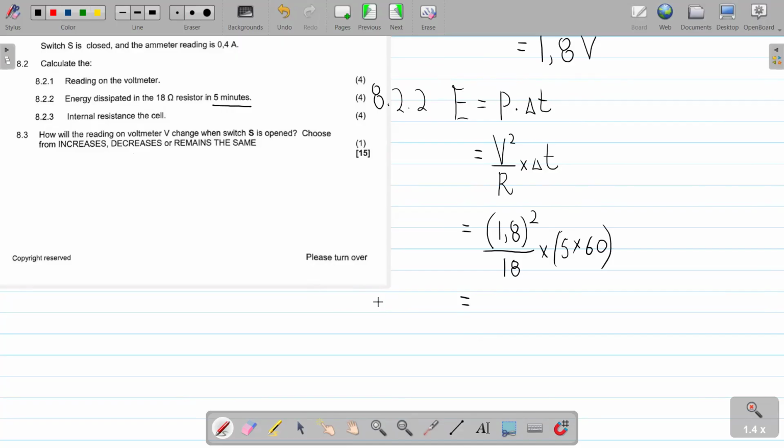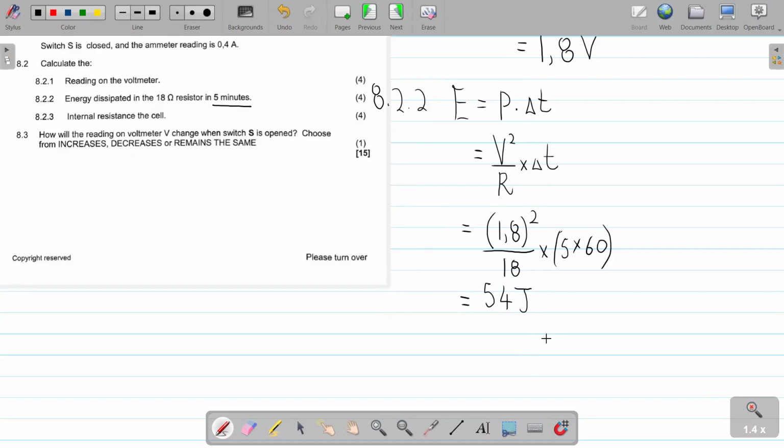So it's going to be... I get 54 joules. The unit is joules for energy.